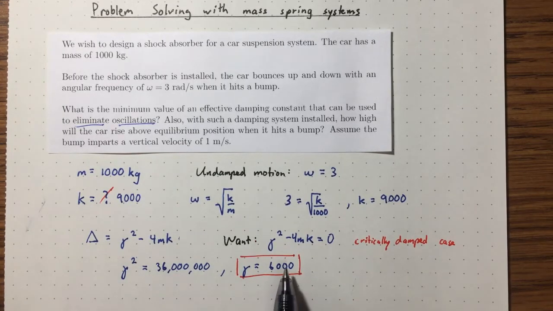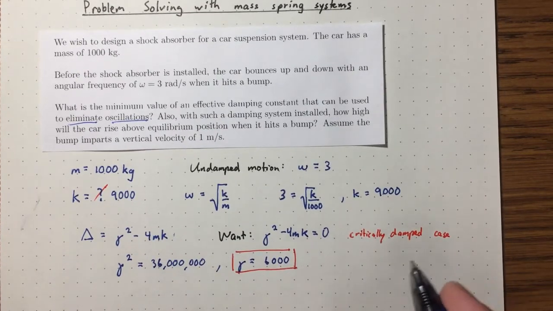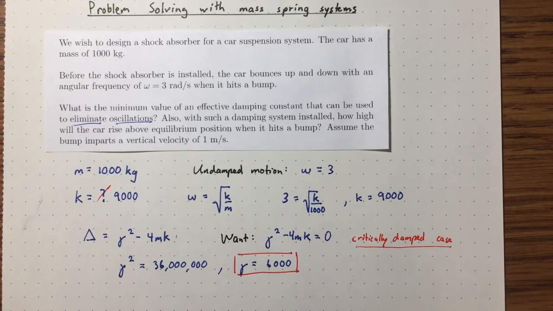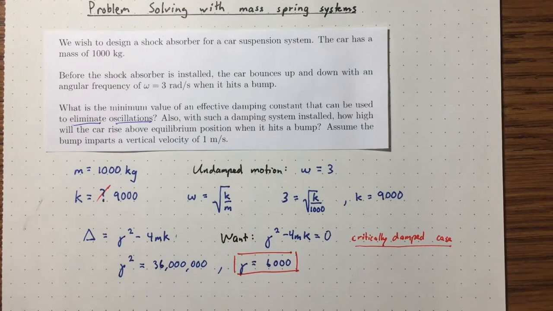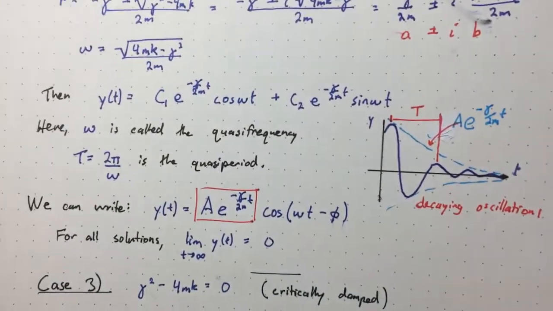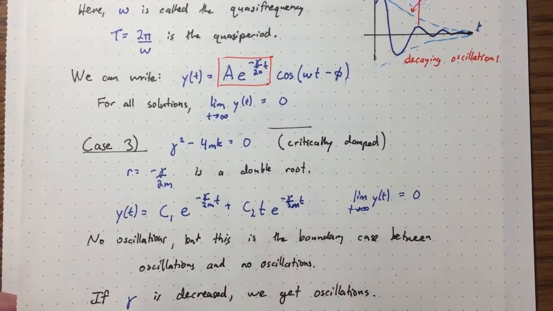Well, what is our solution? So we're in the critically damped case. That's key. We have to know what case we're in order to write down a solution, right? Because the solution looks very different in all three cases. Okay, so let's go back to our critically damped case. So our solution is this right here.